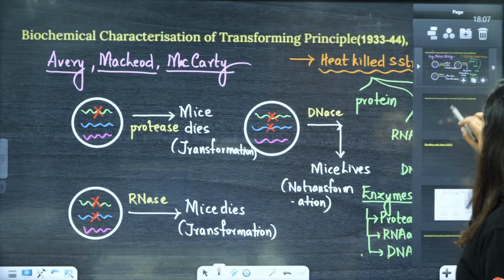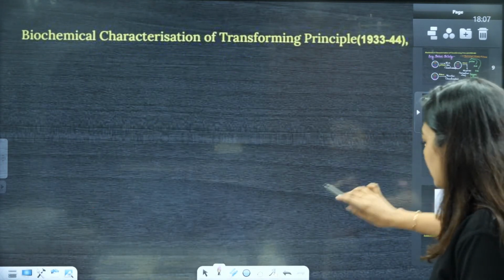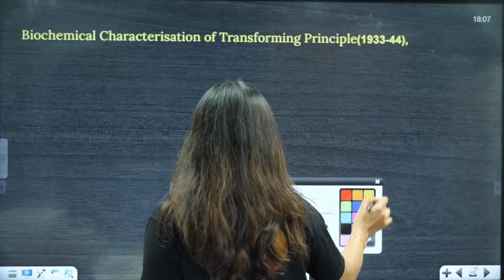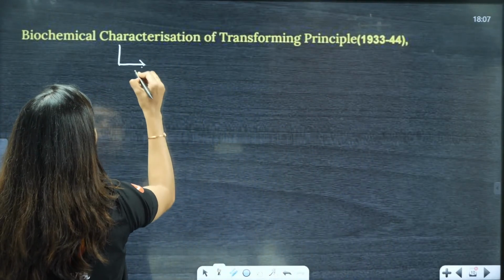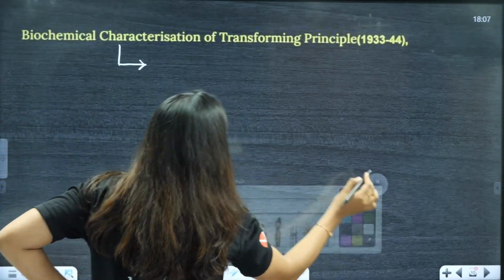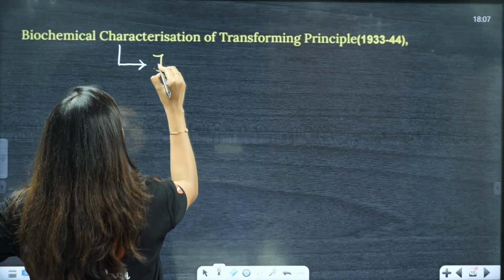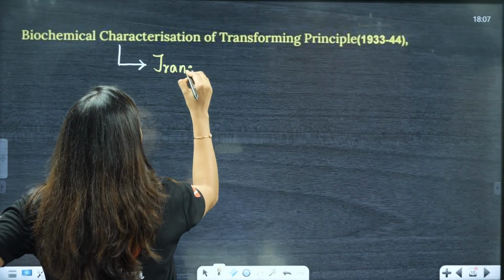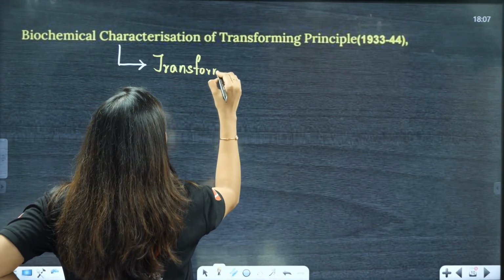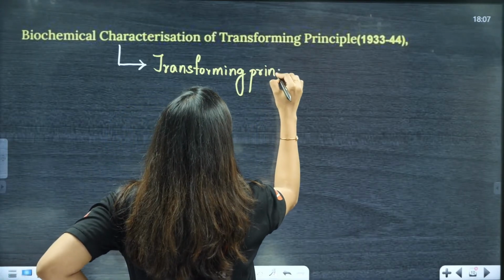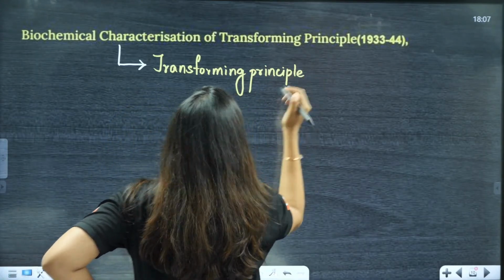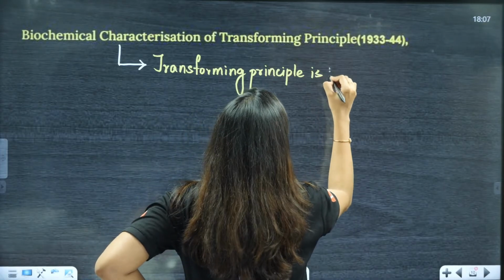Okay, now is this clear? So in the biochemical characteristics of the transforming principle, what did we understand, students? We understood that the transforming principle is DNA.